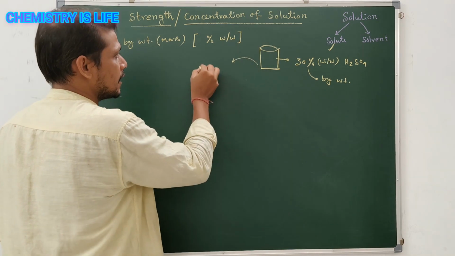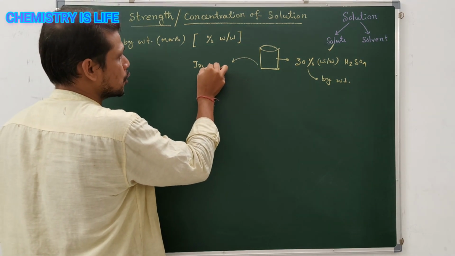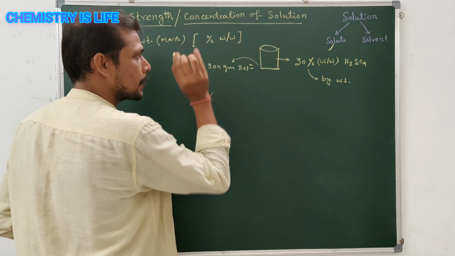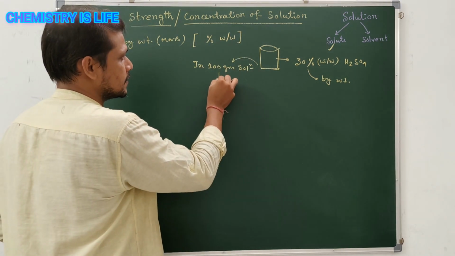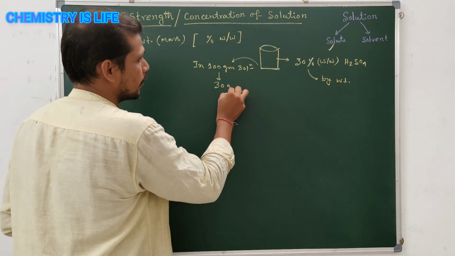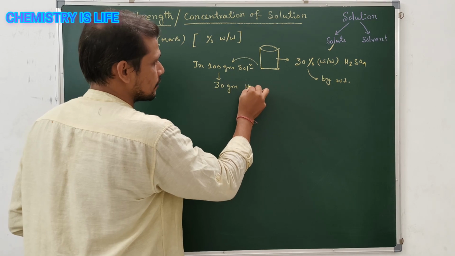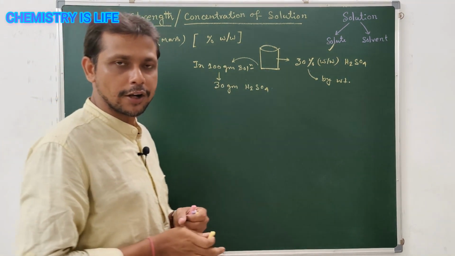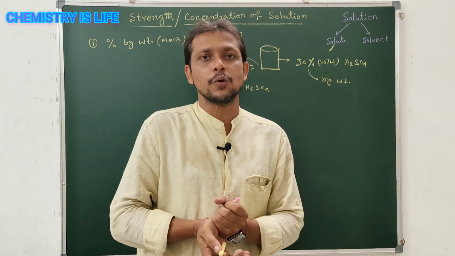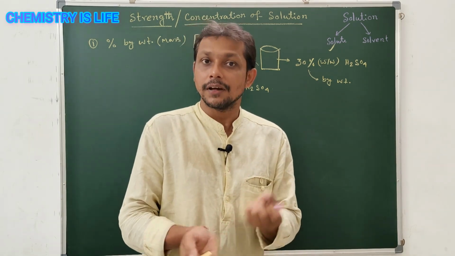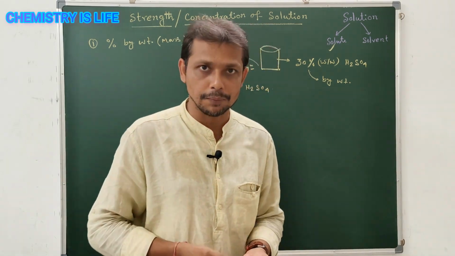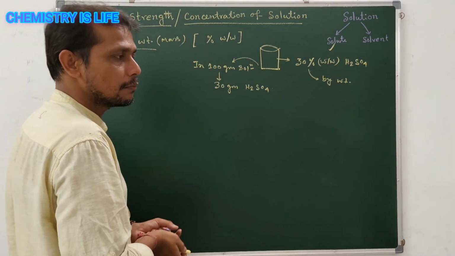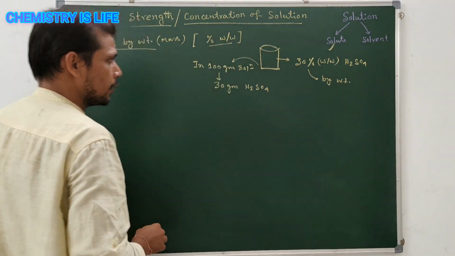It means in 100 gram solution, there is 30 gram H2SO4 present or dissolved. So got it? The amount of solute in grams present in 100 gram solution is represented by percent by weight or by mass, or percentage W by W.